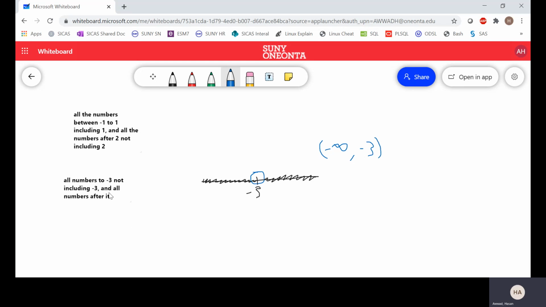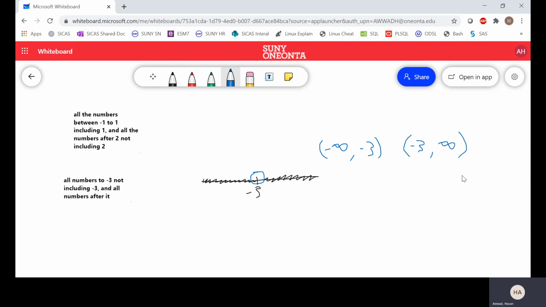Then we have the next piece. We have an and: all the numbers that follow -3. So after -3, we have -2, -1, 0, so on and so forth, and it goes on to positive infinity. We start from the same place that we ended before: we ended at -3, but the piece after the and starts at -3 again, and goes on to infinity.